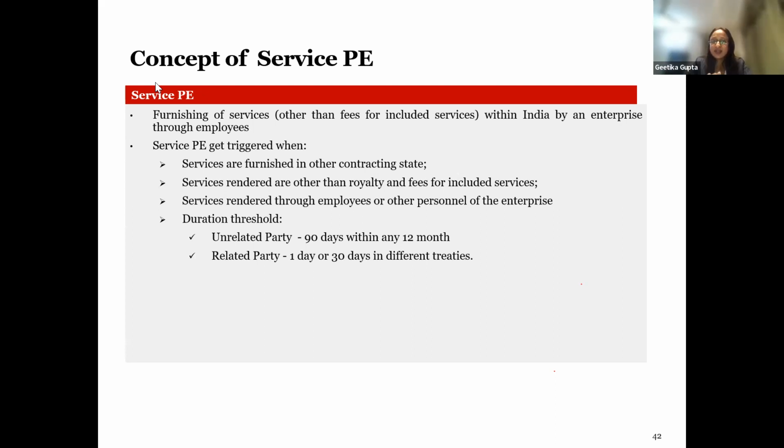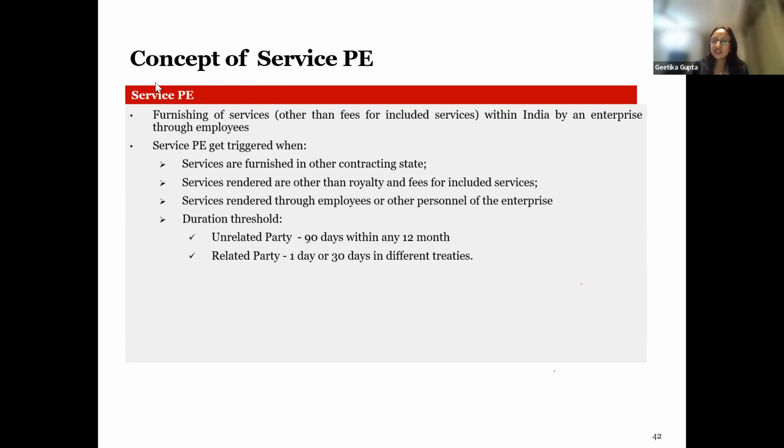Yes, please. So, Kavita, if I understand your question: there is a non-resident company that has taken a TRC from the country of its residence, let's say from the US tax authorities. Now the non-resident says, I have no PE. The no PE declaration is given to the Indian person who is making the payment.